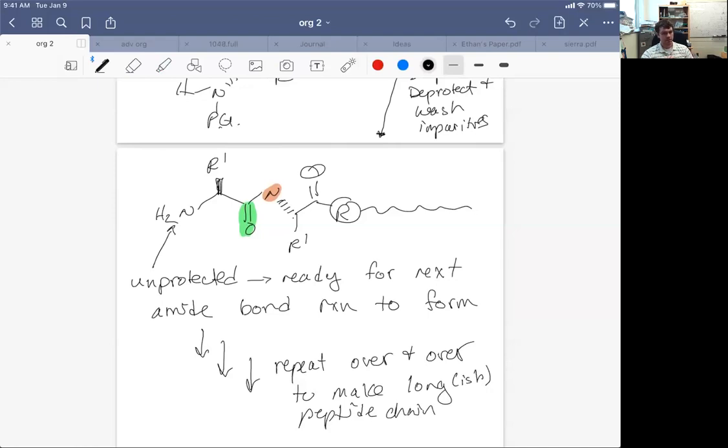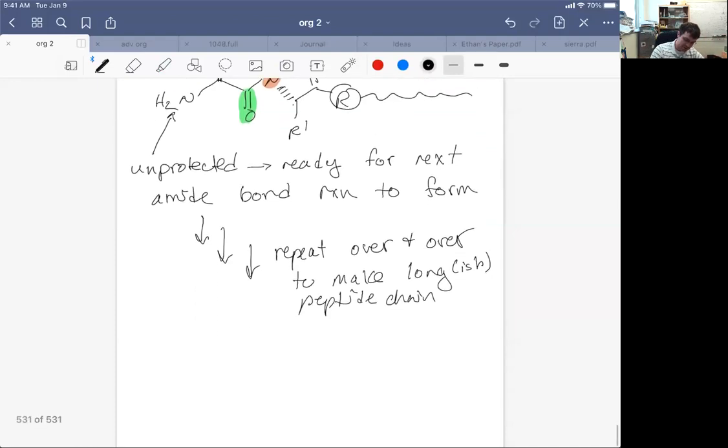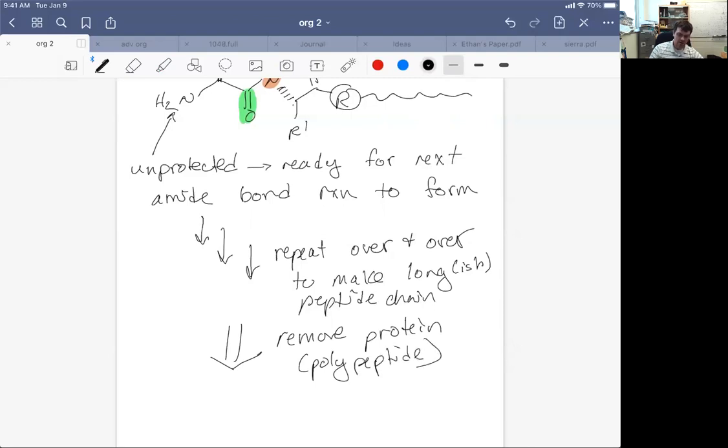So to make the purification practical, we do what's called catch and release, where we build a long polymer chain on this resin. The resin can continuously be rinsed. And then after we make our longest polymer chain, big arrow, we remove our protein, or our poly amino acid polypeptide, from the resin.